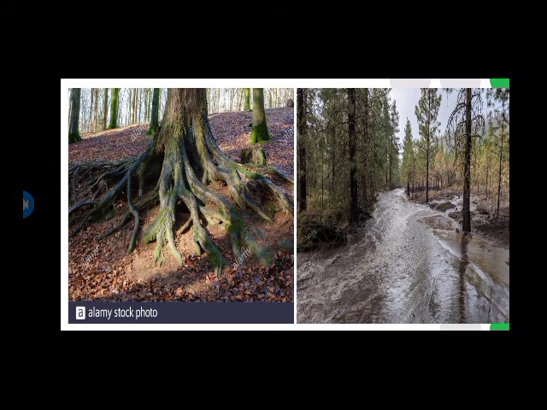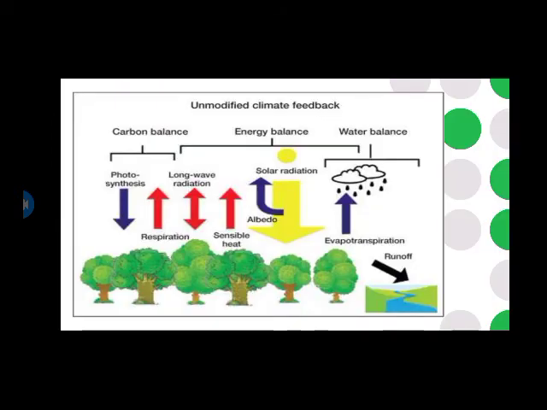Okay, understood? So trees are very necessary, otherwise you might have heard about the blockage due to the soil erosion in the hilly areas, isn't it? So trees are very important. Okay, now another factor is that it reduces the solar radiation.